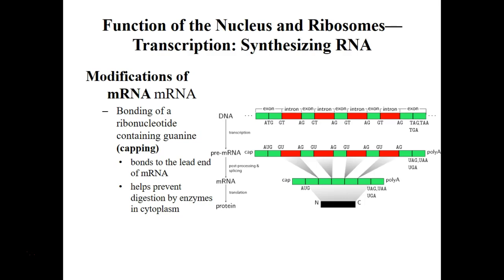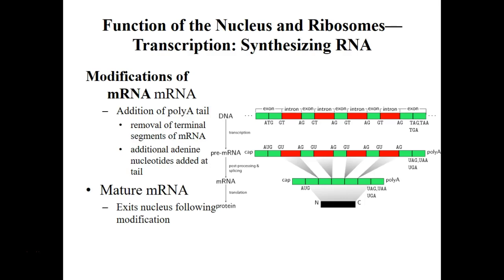We add the poly A tail for the same reason, but we also add the poly A tail to protect against the ribosome falling off too early.